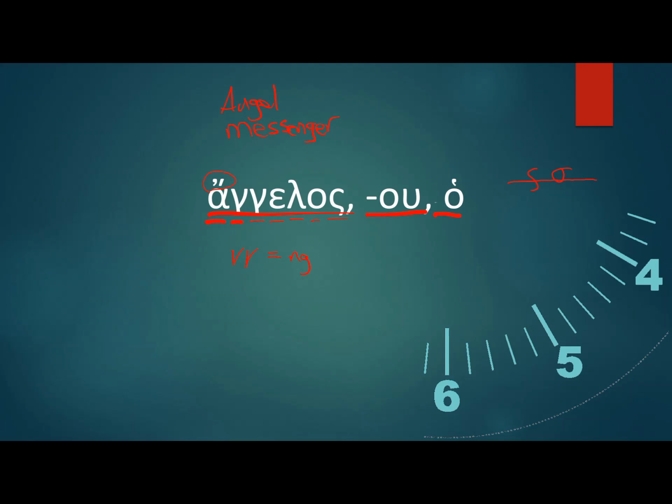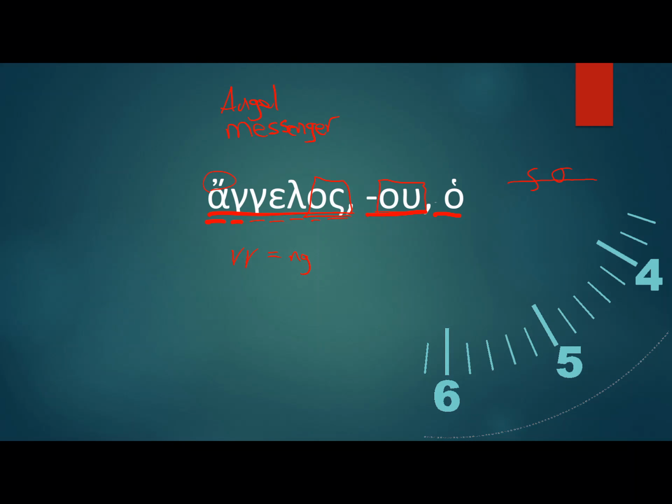Now, you may be wondering what this ending is here. You have angelos and then a comma and 2 other things. Well, let's talk about them. The way you'll find Greek words in a lexicon or a Greek dictionary is that it will have the nominative word, which is what that omicron sigma on the end points out in this word, and then it'll have the ending for the genitive.